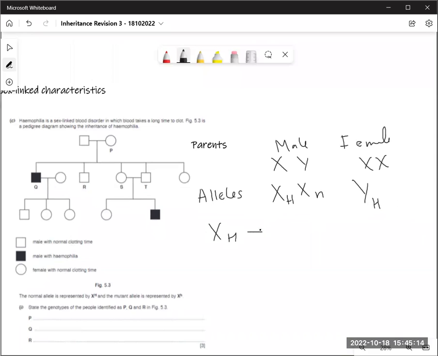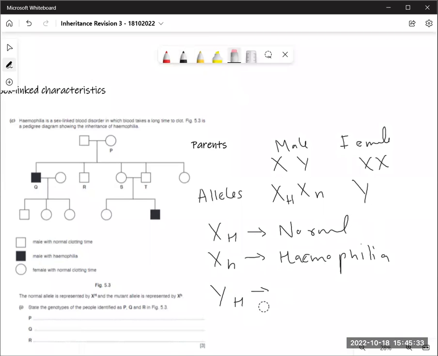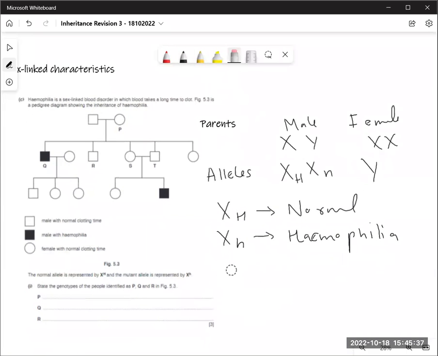X capital H could mean normal. Fine. X small h means, let's say, hemophilia. Write all of this in your notebook. And finally, we don't have YH, we just have Y. So Y isn't really an allele.